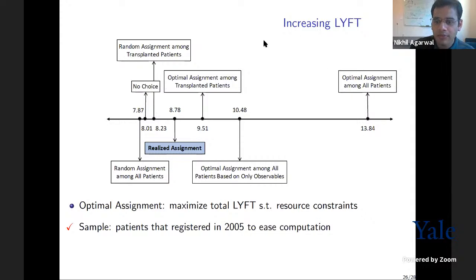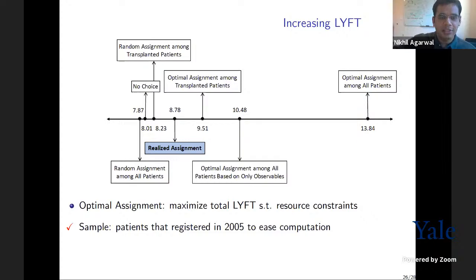So we are solving the optimal assignment problem in this 13.84 number. The feasibility constraints are that no organ can be assigned to more than one patient, and no patient can be assigned more than one organ. And it must be the case that the patient has arrived before the donor and did not die before the donor arrived.